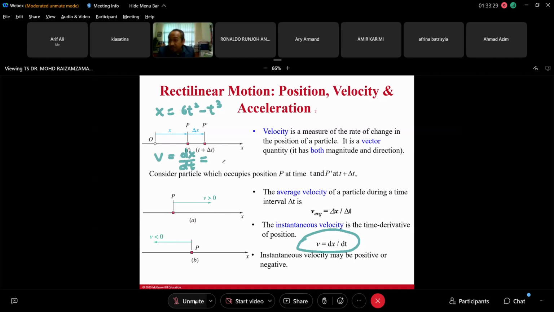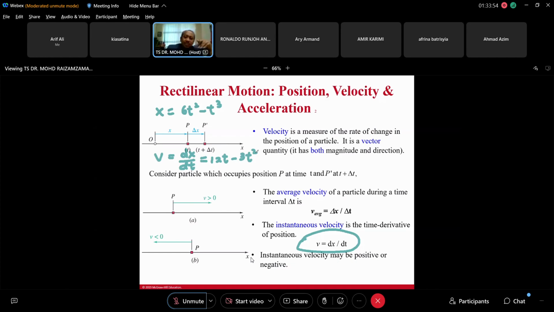I hope you still remember how to differentiate and integrate, class. Yes, you sir. 6t squared minus t to the power of 3, velocity equals what, class? 12t minus 3t squared. Yes, good. So remember, make sure you know how to differentiate.